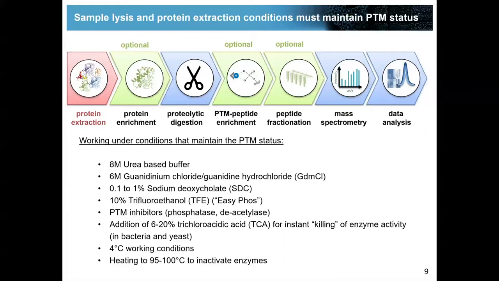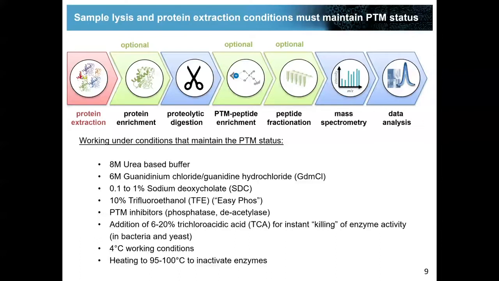Also, 6 molar guanidinium chloride is often used, sodium deoxycholate, or trifluoroethanol, which is gaining more and more attention in the easy phos method that was published by the Mann group to maintain the PTM status.